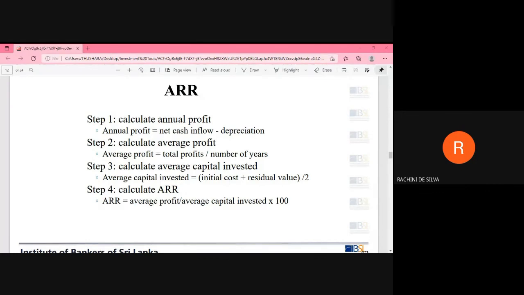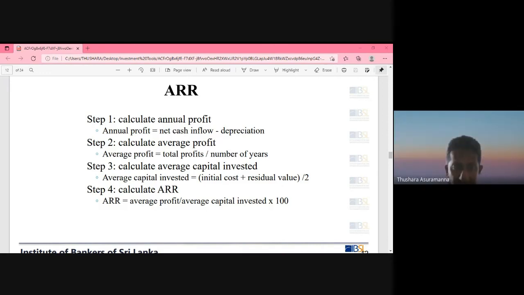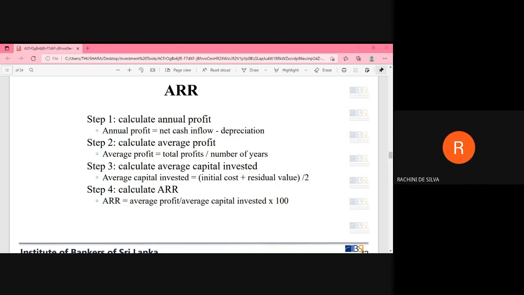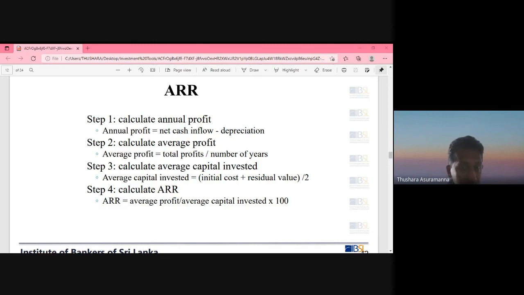Average capital invested, the average profit we have already computed under step 2. It's divided by 2 because there are 2 inputs, one at the start and the last one at the end.